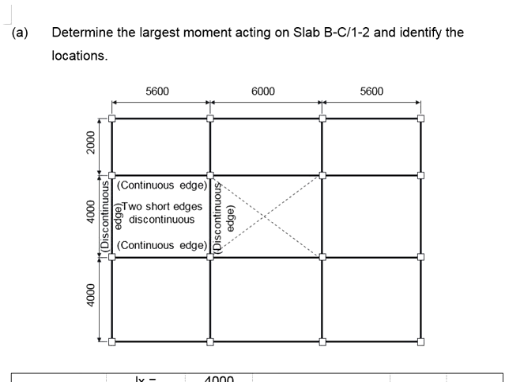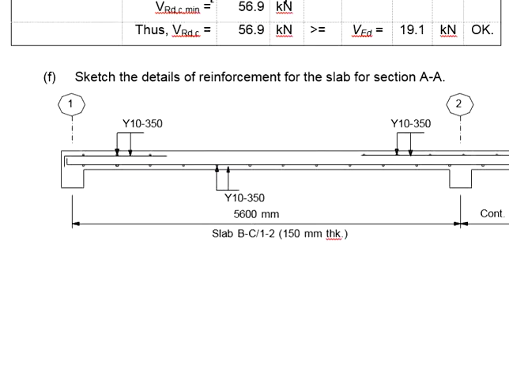In order to take advantage of the effective depth in resisting the moment, we will use the larger effective depth in the shorter span. How do you do that? The reinforcement in the slab comes in two layers. One in the longitudinal direction, another one in the transverse direction.